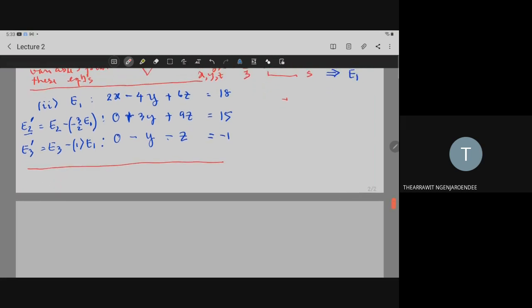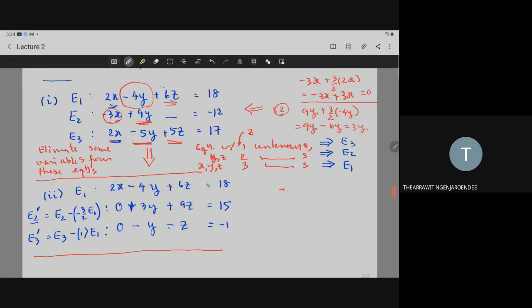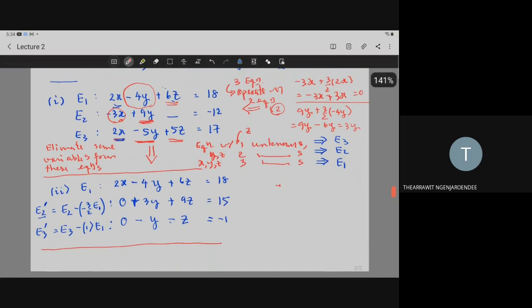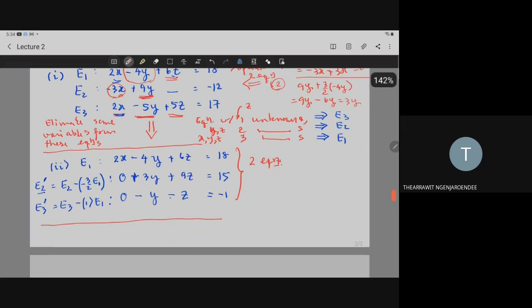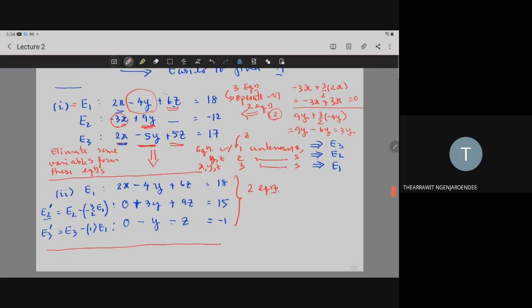Okay. So next, you can see that during the first step, if I go back up here, I have 3 equations.